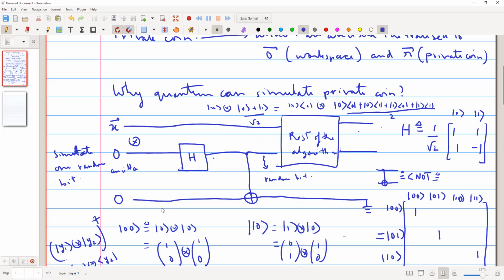But instead of measurement, I can attach one more ancilla bit, do a unitary operation, here it's the control-NOT, and then trace out, with the same effect. So this should give you some confidence that even measurements can actually be converted to this general format.